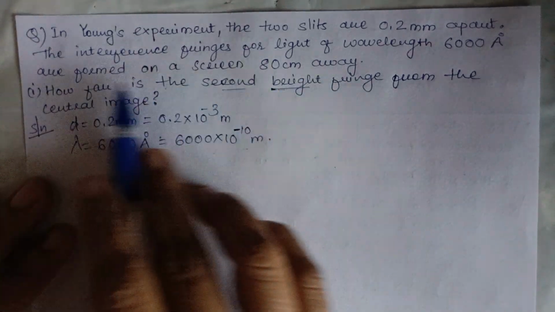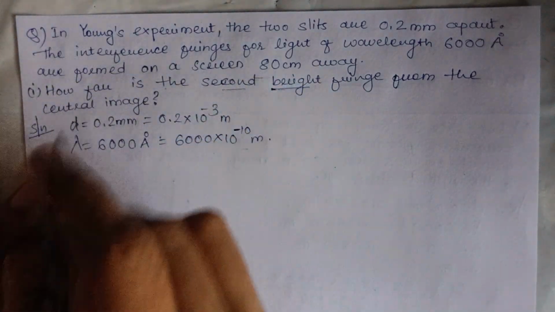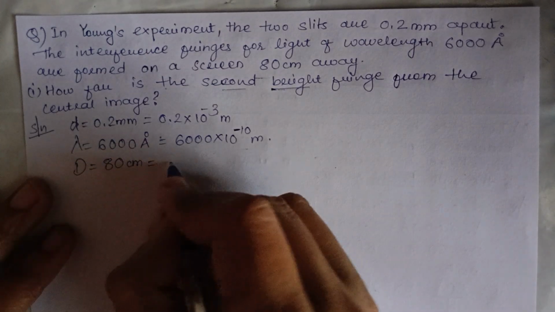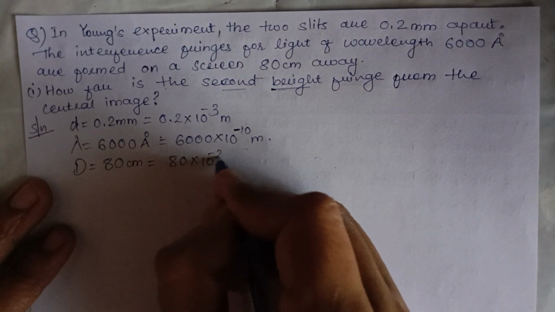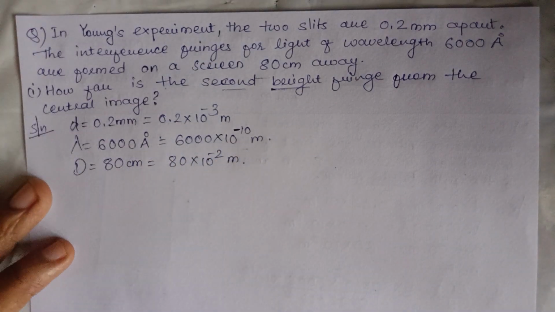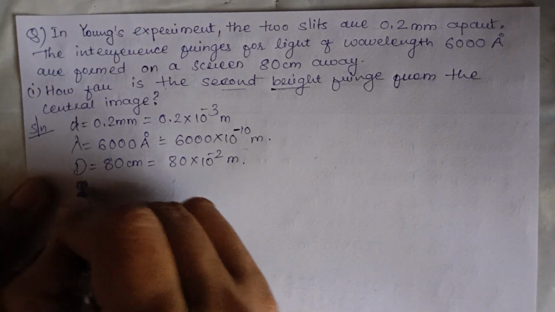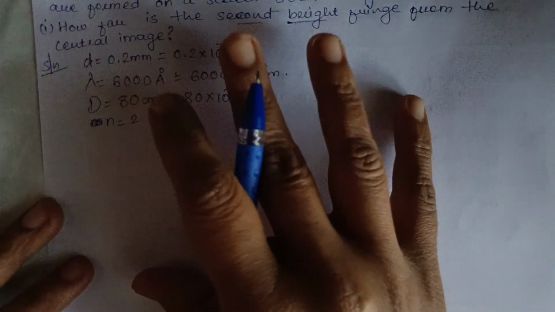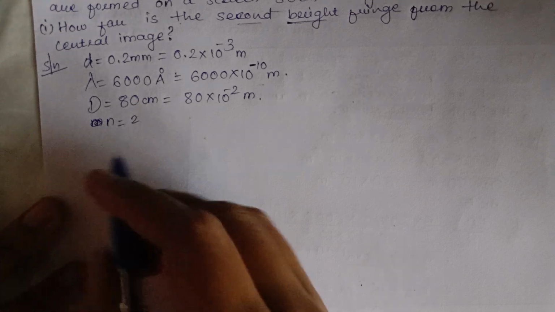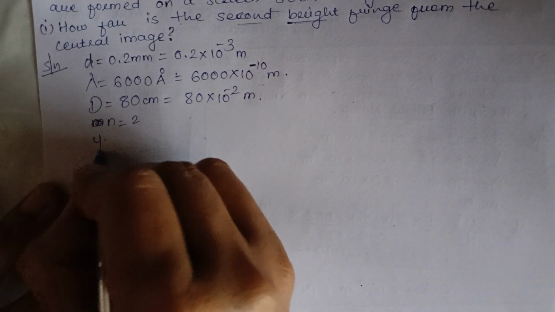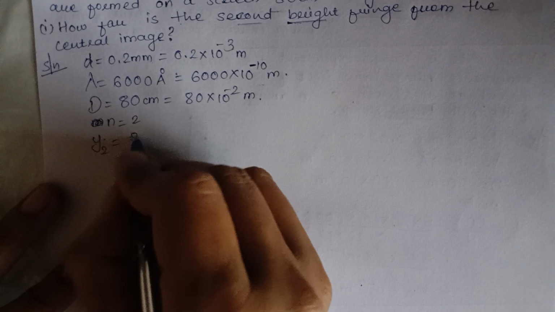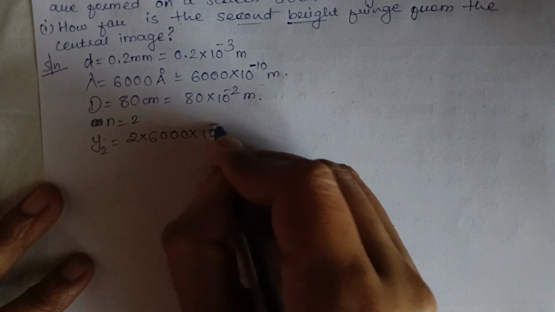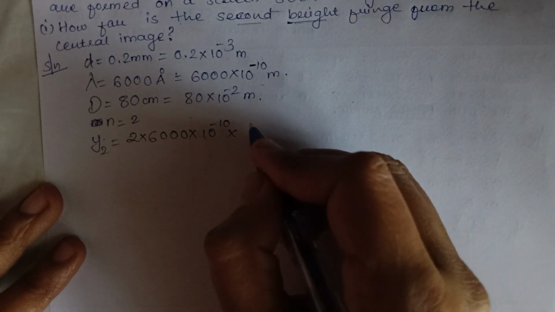And it is formed on a screen 80 centimeter away, which is 80 into 10 raised to minus 2 meter. Okay. n is 2. Let's write the formula. So y2, we have to find, 2 into lambda into D.